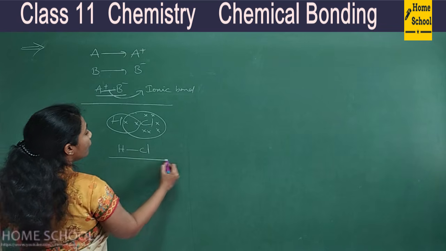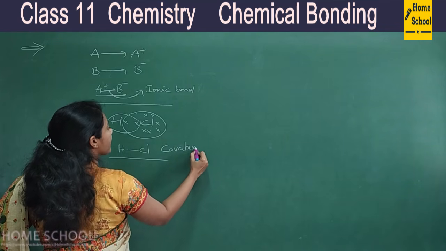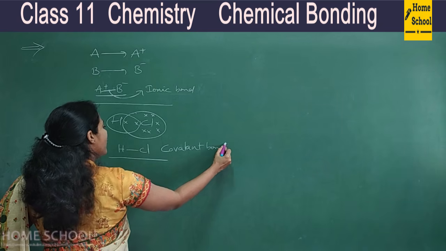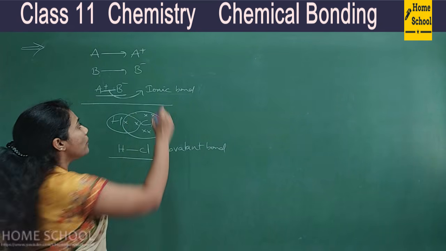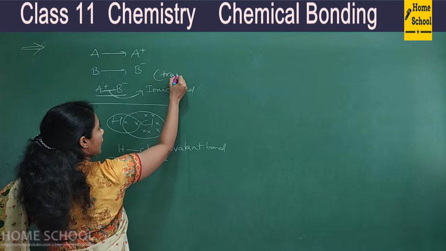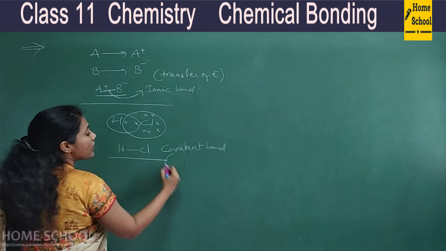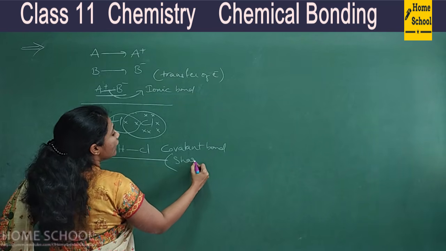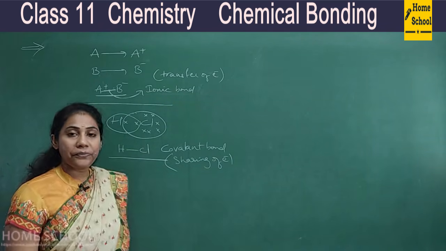So in general, if I have to revise, ionic bonds are formed by transfer of electrons, and covalent bonds are formed by sharing of electrons. All that we have already discussed, right?